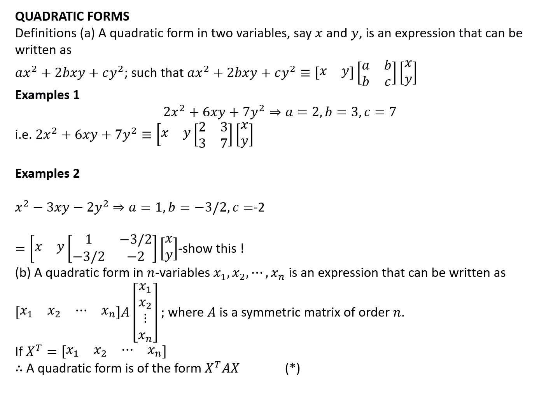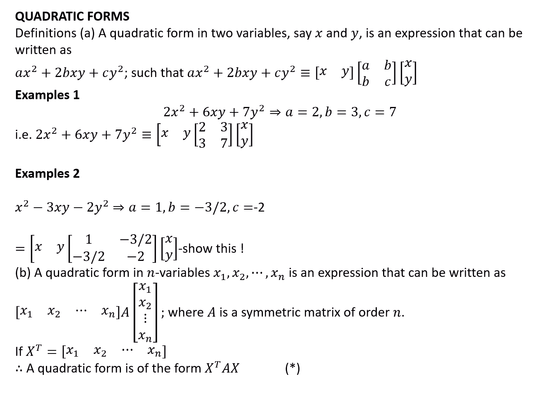So if you have n variables, that means you are going to have matrix A to be an n by n matrix, where A is a symmetric matrix of order n.